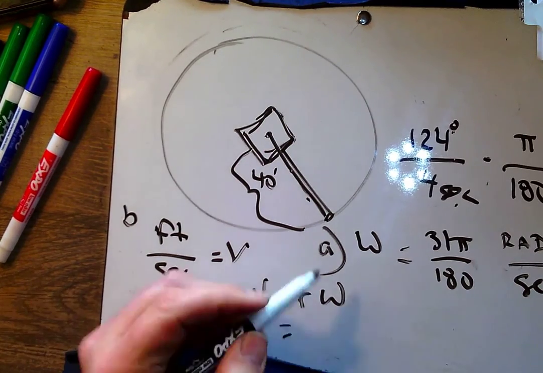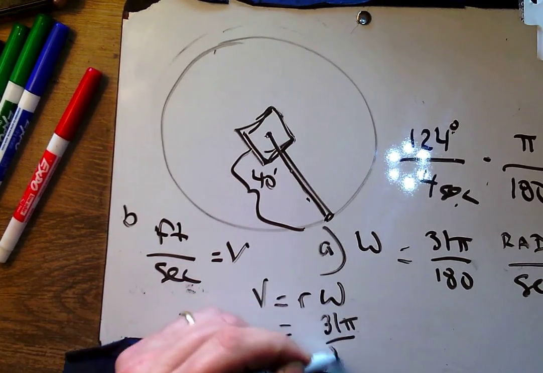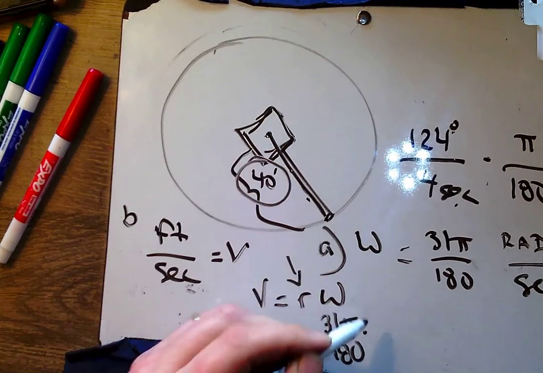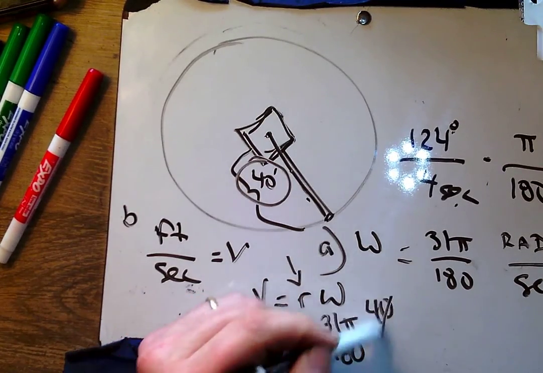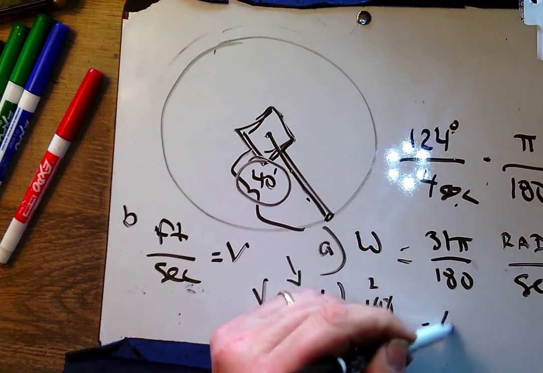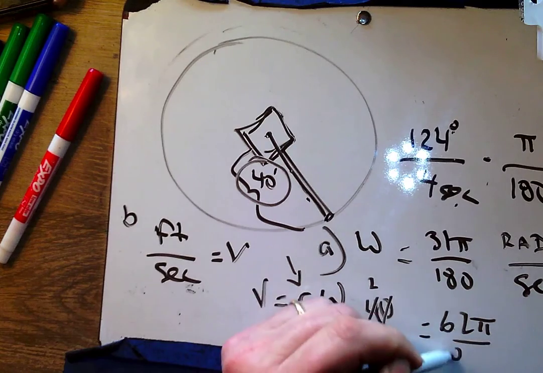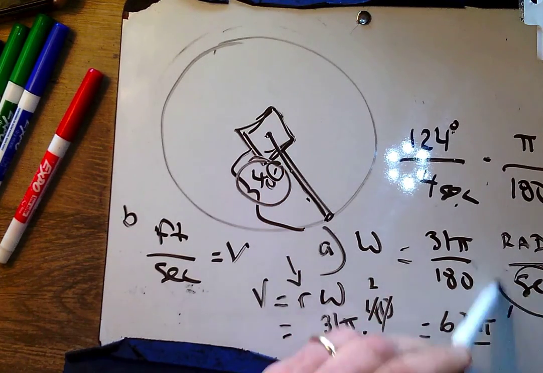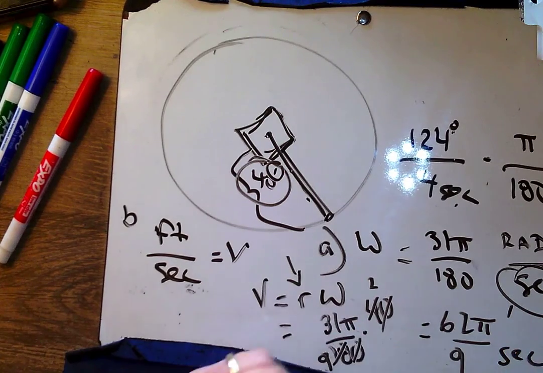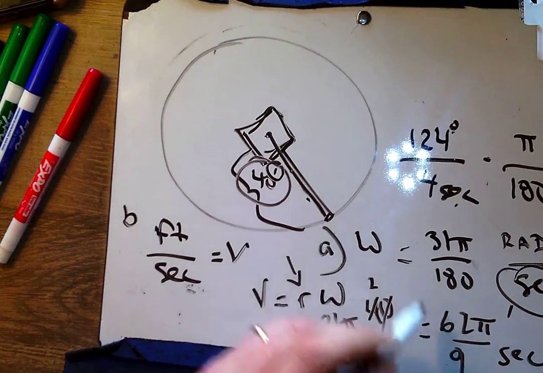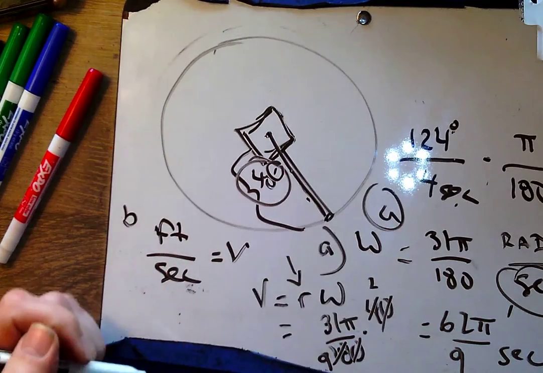So I'm going to plug in my 31 pi over 180, and multiply by the radius of 40. And I get 62 pi over 9 feet per second. There's my answer to part B. So there's part B, there's part A.